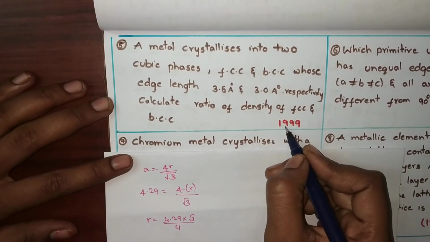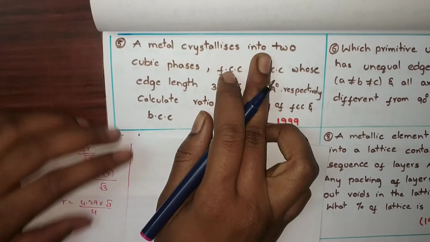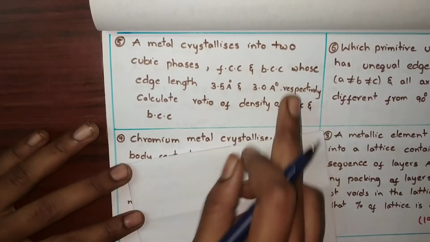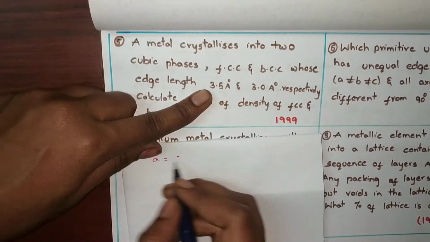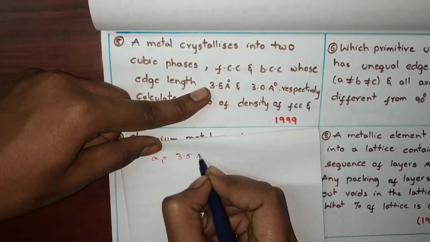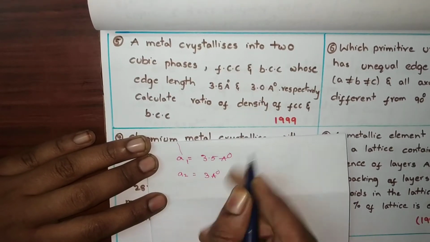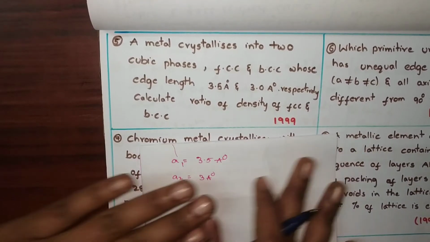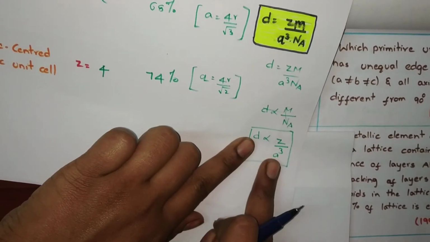Next question is a 1999 IIT question. A metal crystallizes in two cubic forms, FCC and BCC. Edge length is given: for one, A1 is 3.5 angstroms and A2 is 3 angstroms. Calculate the ratio of density of FCC and BCC. We have to find the density, right? Density means, I already told you, density is directly proportional to Z by A cube.